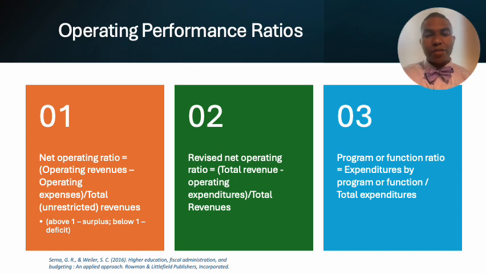If you have a ratio of higher than 1, it indicates you have a surplus. So you've got money left over after you've taken care of your expenses.